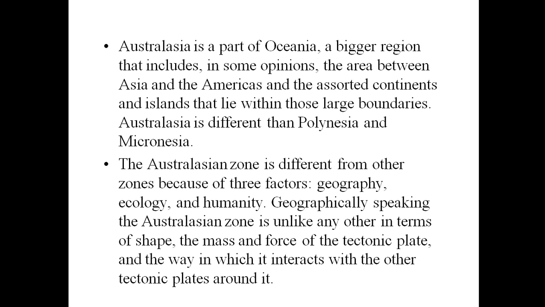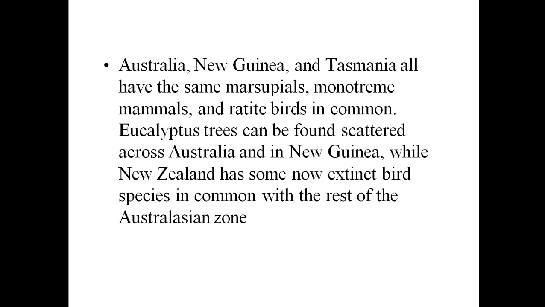Basically, the main island Australia and the others are formed because of tectonic plate movement. Australia, New Guinea, and Tasmania are all characterized by marsupials, monotreme mammals, and ratites, the flightless birds, which are common.